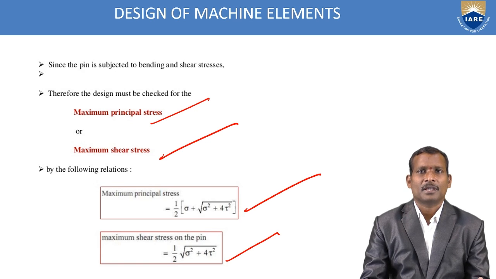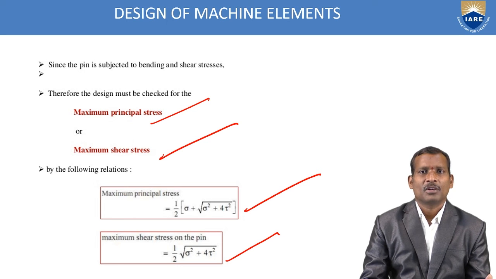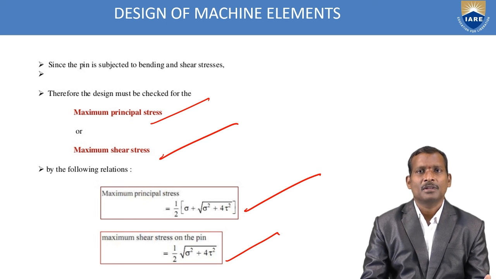You must check the shear stress or the principal stress. Check this stress with the given allowable shear stress or allowable normal stress. This value should always be less than the allowable shear stress or allowable principal stress. Then only is your design safe.